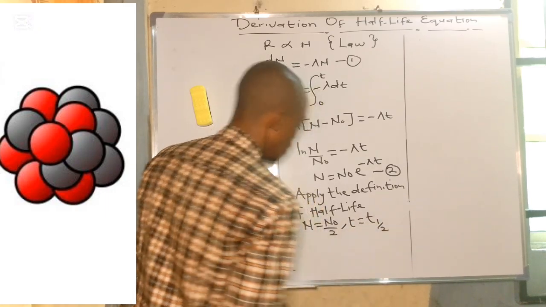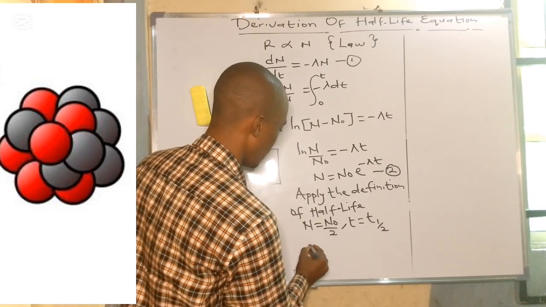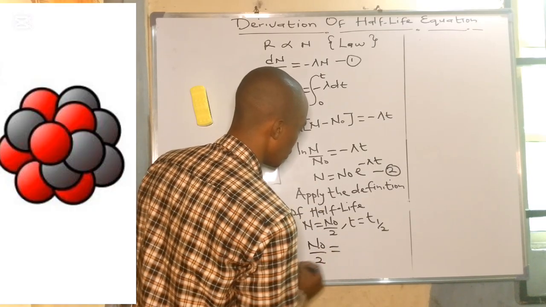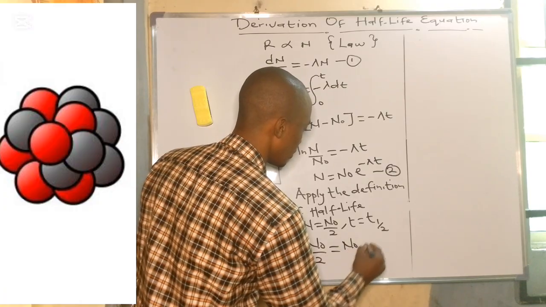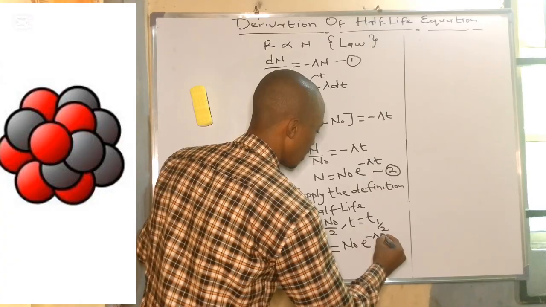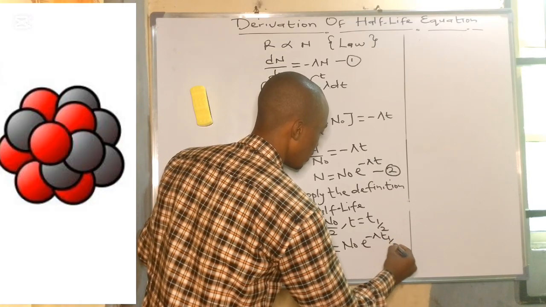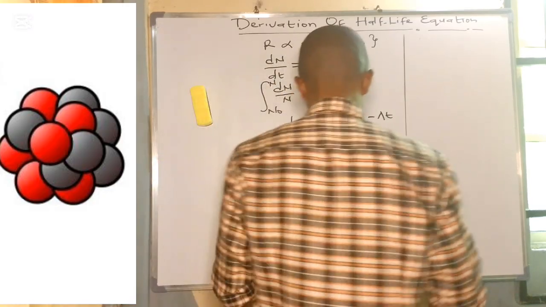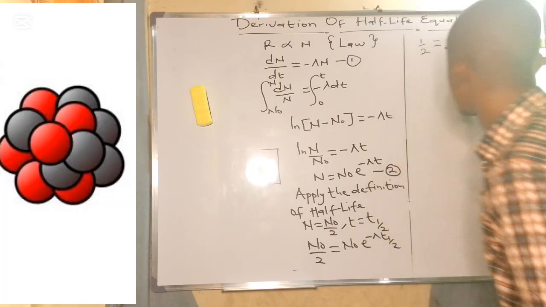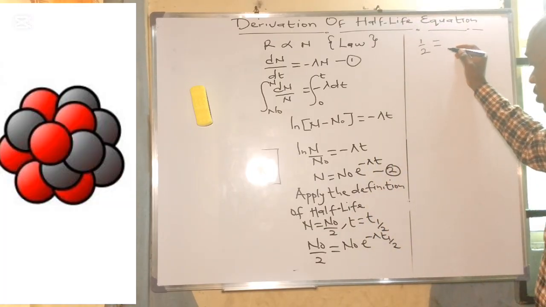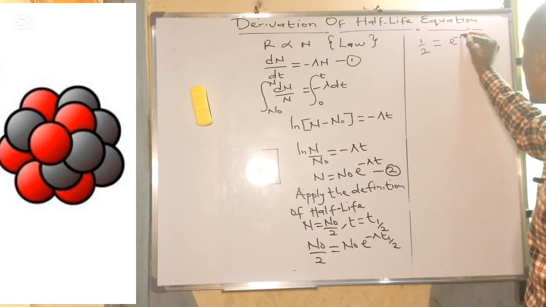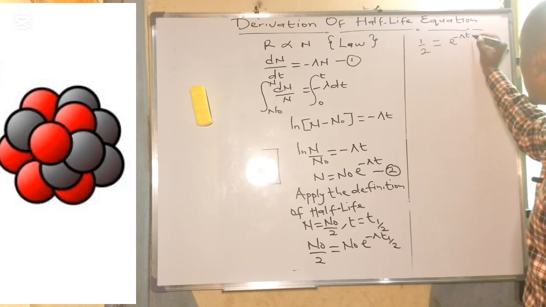So this equation will look like this: N naught over 2 is equal to N naught e to the power of negative lambda t half. If I simplify this, I'll have 1 over 2 is equal to e to the power of negative lambda t half.